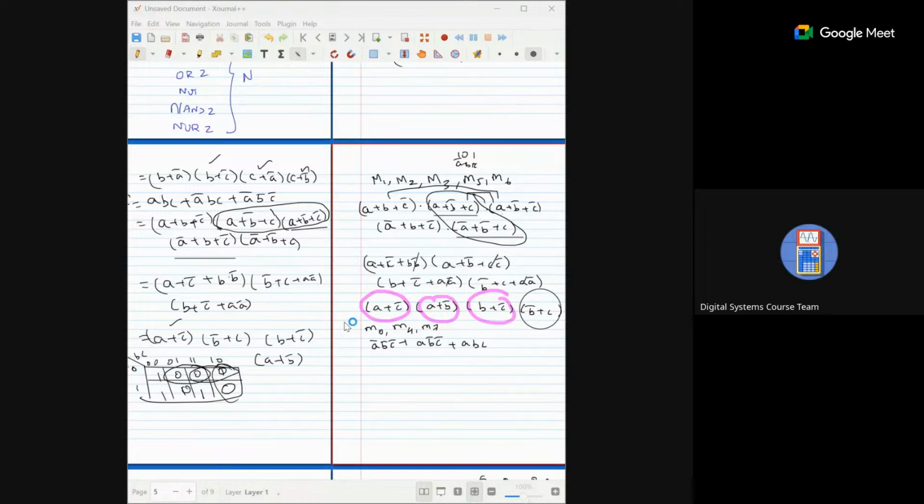Your analogy is acceptable, but it is not so. Min term means product terms, and max term means sum terms. That's the meaning of it. It doesn't mean minimum value or maximum value. If you want to know why they call it so, I'll verify and tell you in the next class. But it's totally different from that.